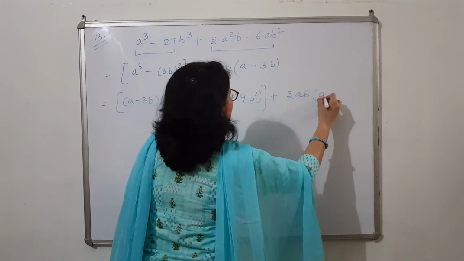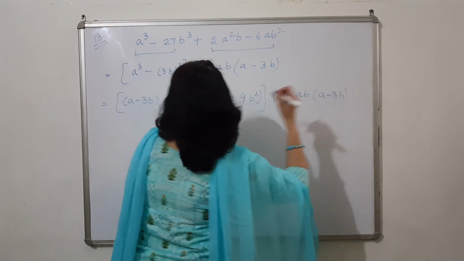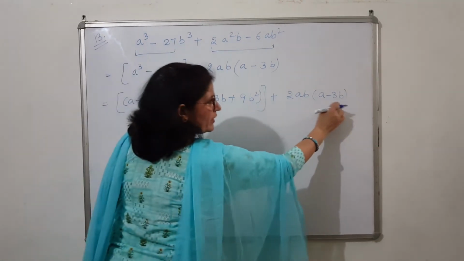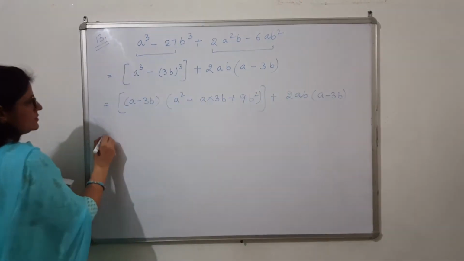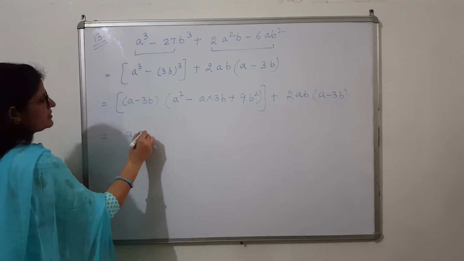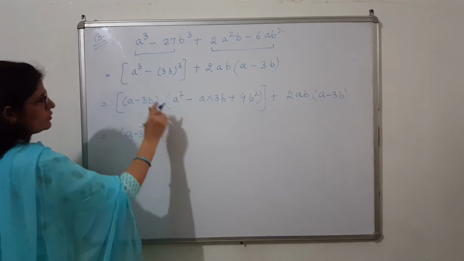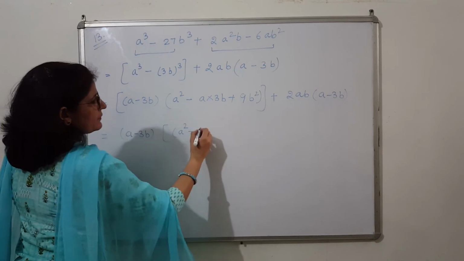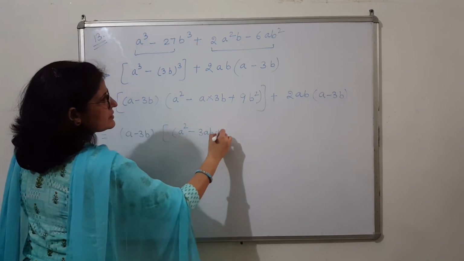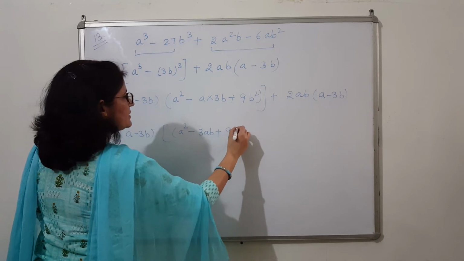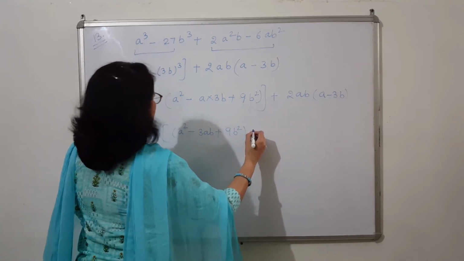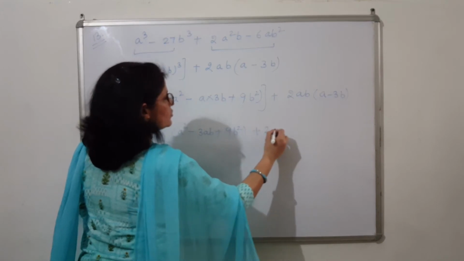2ab(a minus 3b). If you see further, a minus 3b is common in both the terms. So (a minus 3b) into, from here what is left? a square minus 3ab plus 9b square, and from here what is left? Plus 2ab.